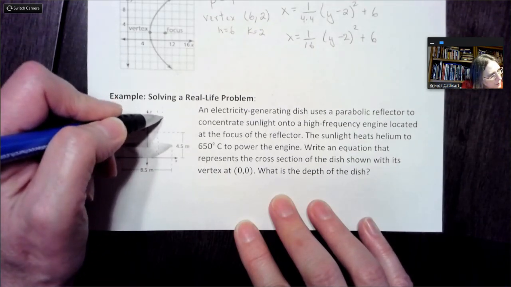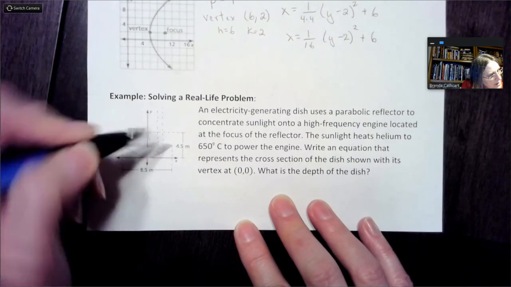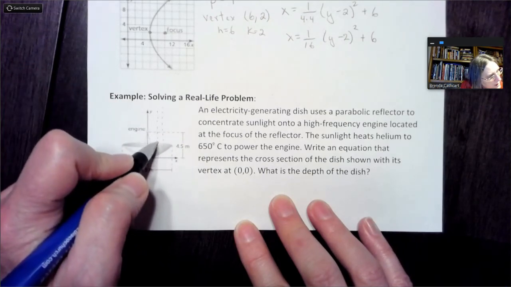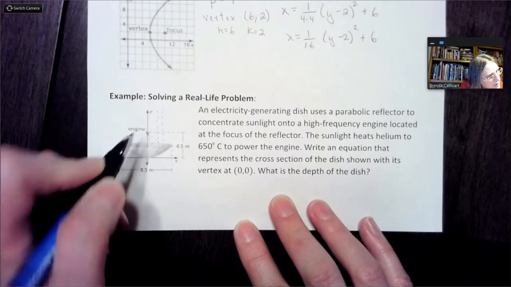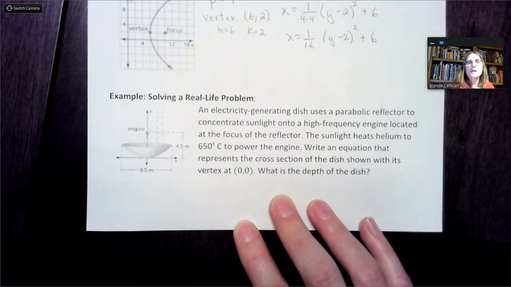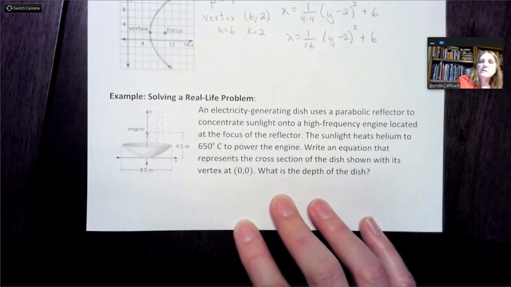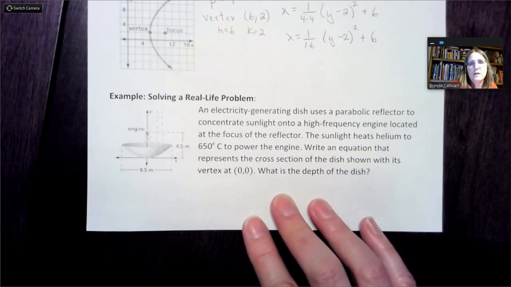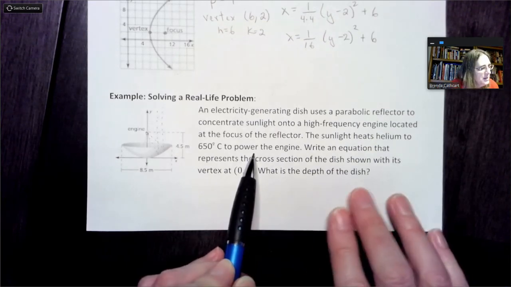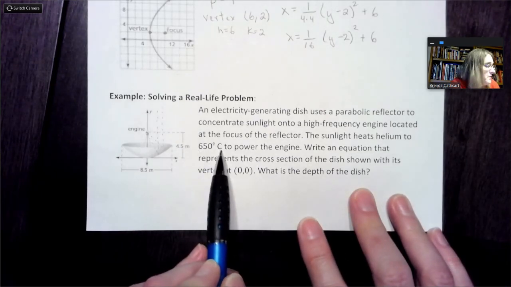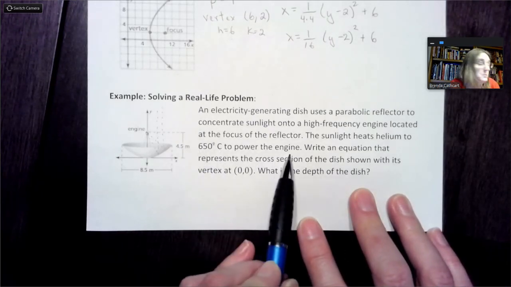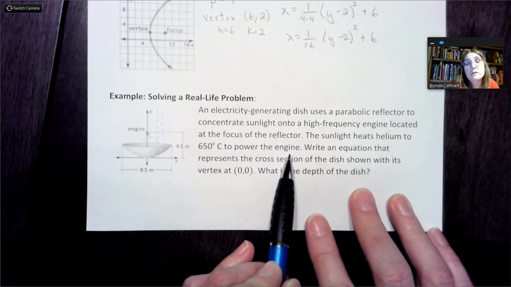So no matter where the sunlight strikes the dish, it will reflect that sunlight to the focus, so it concentrates that sunlight at one point, collecting that heat. Okay? So the sunlight heats the helium to 650 degrees Celsius to power the engine. That's really good temperature there.